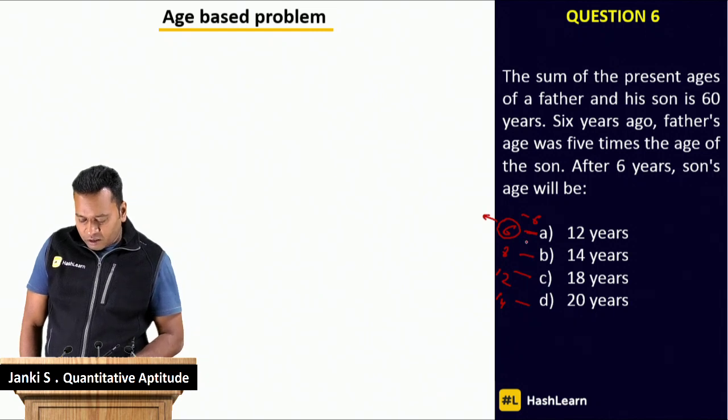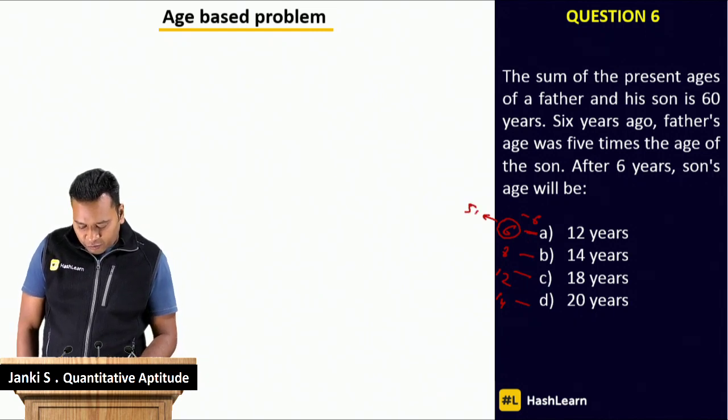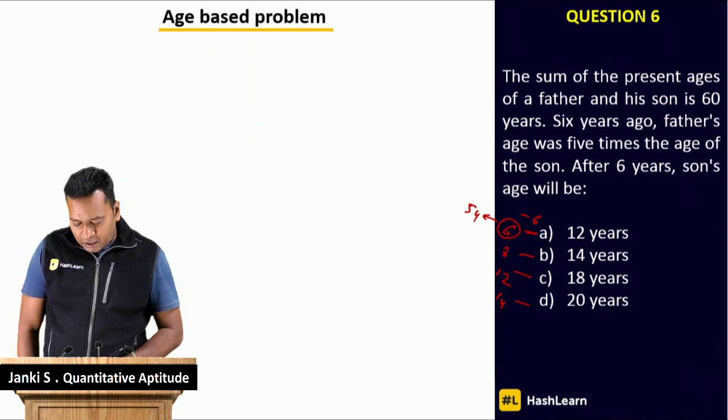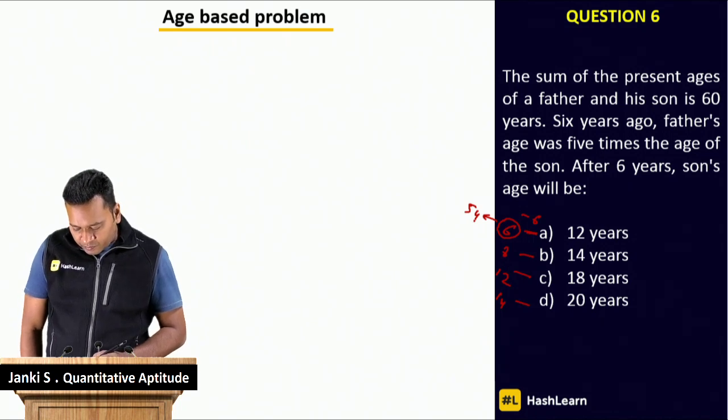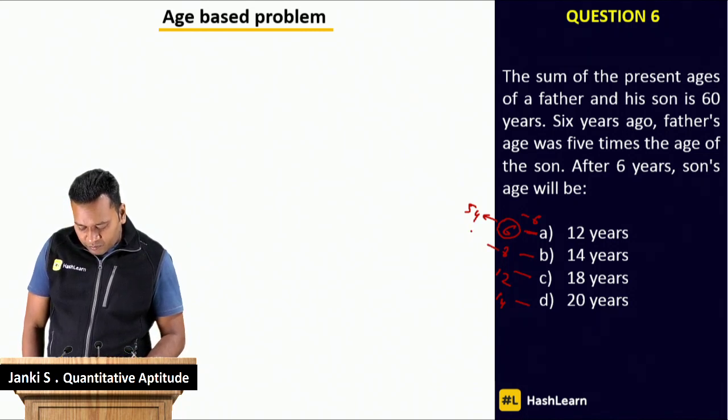That represents father's age is supposed to be 54, right? And now from this, the problem is if we subtract 6, then 5:1 is not possible, right? So 8, let's consider, then the value is 52.